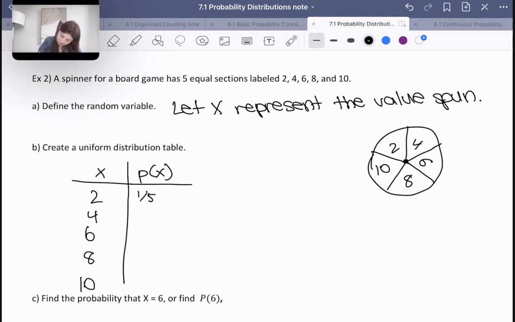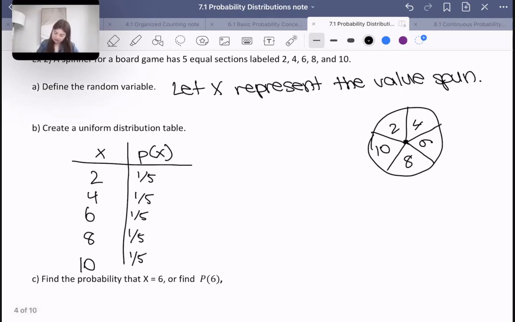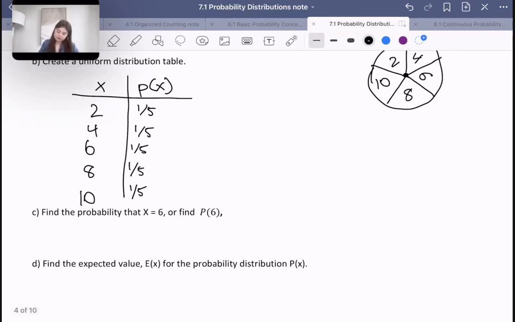There's a 1/5 chance we'll land on, if we randomly spin, the value 2, a 1/5 chance for 4, 1/5 chance for 6, 1/5 chance for 8, and 1/5 chance for 10. Now it says find the probability that x is equal to 6, or in other words, find P of 6. Well, that's simple as well. We know the probability of any of these, including 6, is 1 in 5, right? There's a 1 in 5 chance we'll randomly land on 6 as our answer.